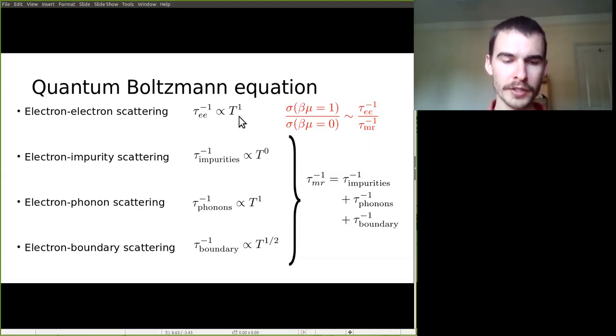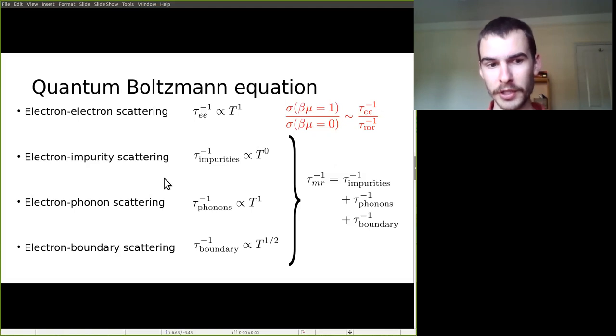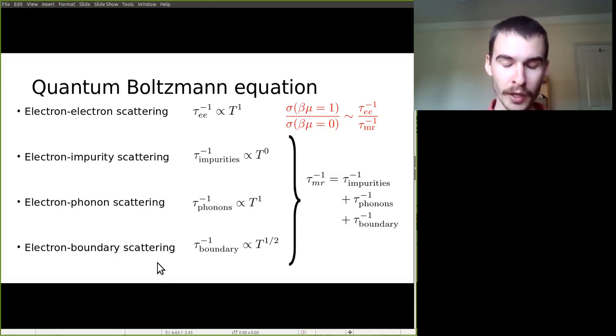Now, if we look at how these scattering rates scale with temperature, well, electron-electron scattering is just proportional to temperature. Then there's three possibilities for what could be causing the momentum relaxation: electron impurity scattering, electron phonon scattering, or scattering off the boundary. And it turns out that it's only phonon scattering that scales in the same way as electron-electron scattering. And so looking at the experimental data, we see the scaling collapse, and from this we deduce that electron phonon scattering must be the dominant source of momentum relaxation.